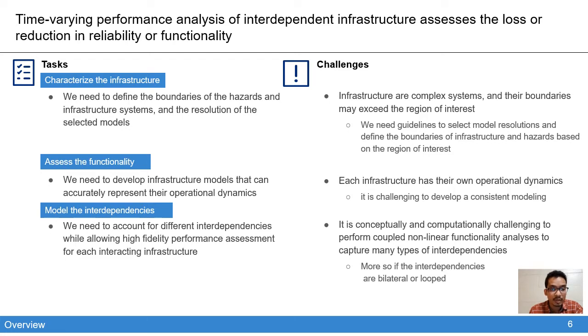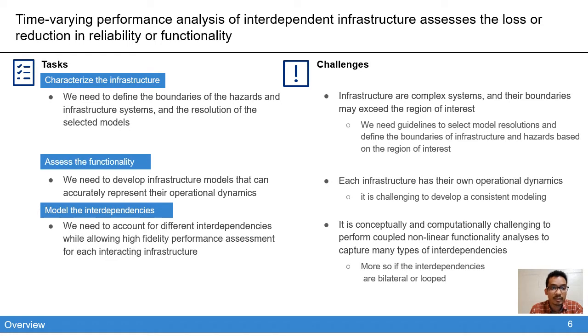Second is to assess the functionality, under which we need to develop infrastructure models that can accurately represent their operational dynamics. And the third is to model the interdependencies, where we need to account for different interdependencies while allowing high fidelity flow analysis for each of the interacting infrastructure.